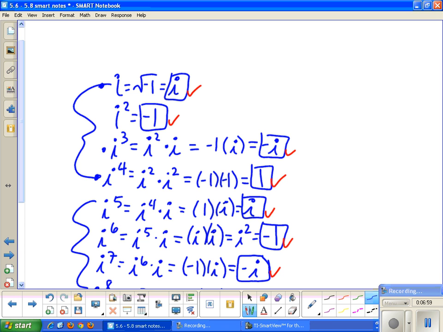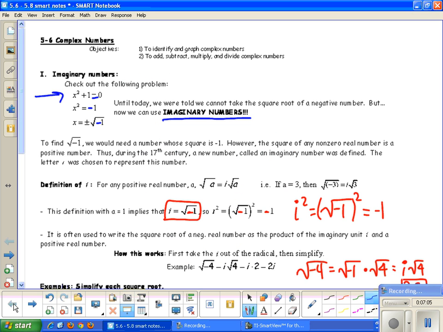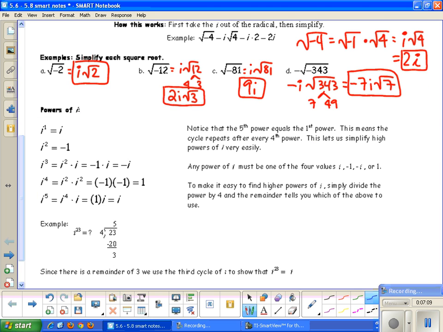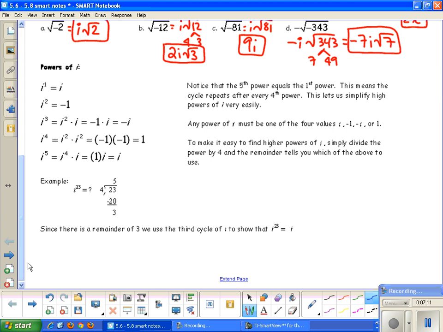And because they're going in cycles of 4, we can use remainders in order to help us determine what the powers are going to simplify into. So this is what I was just talking about. If I wanted to simplify i to the 23rd, well, I'm not going to just count 1, 2, 3, 4, 5, 6, 7, 8, and keep on going.